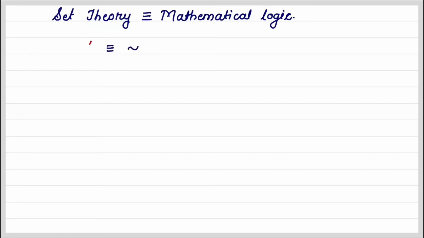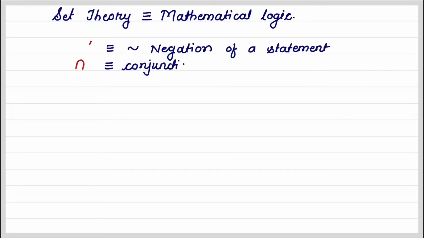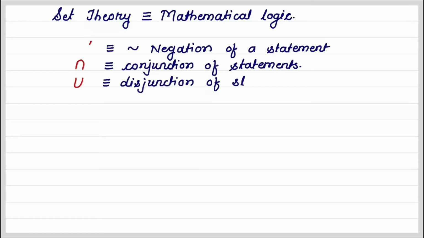See, complement of a set is associated with negation of a statement. In the same way, intersection of sets is equivalent to conjunction of statements. Similarly, union of sets is equivalent to disjunction of statements. With these relations, we will derive formulas for negation.